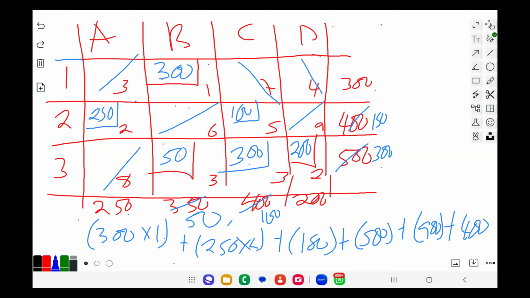Yeah, so you can do the addition. What do you have as the total?